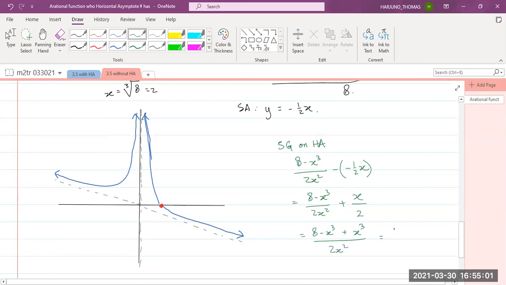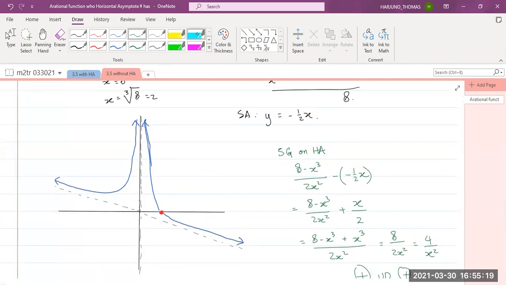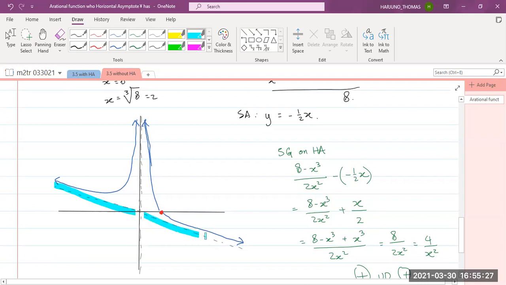So you will get 8 over 2x squared, which is 4 over x squared. So you see the sign graph will have critical number 0, but to the left and to the right are positive. So to the left of x equals 0, the graph will be above the slant asymptote, and to the right of x equals 0, the graph is also above the slant asymptote.